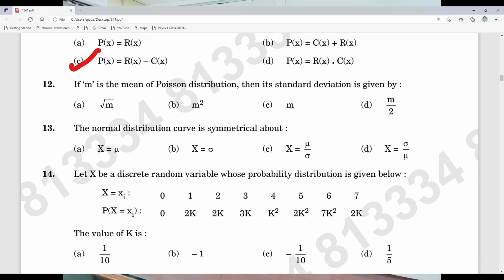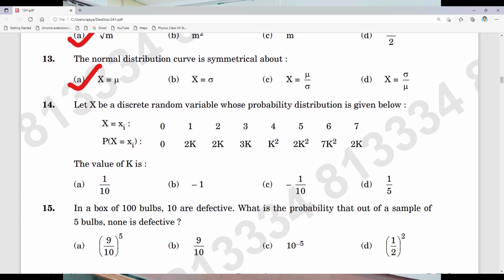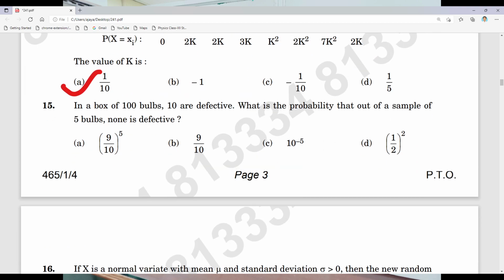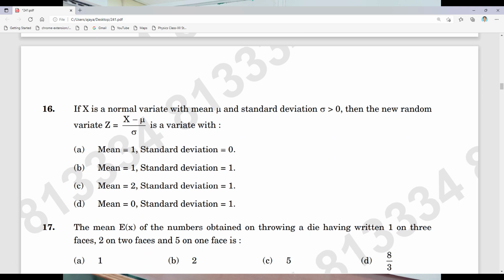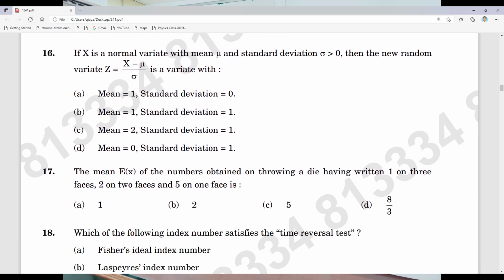It will be matching with CBSE answer key. Question number 12, A. Question number 13, A. Question number 14, A. Question number 15, A. So if any changes are there, if you think it is accurate, then definitely it will be considered by the CBSE, and you will be getting the marks according to that.